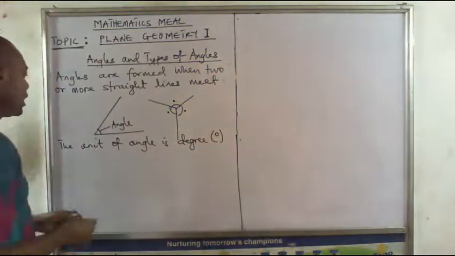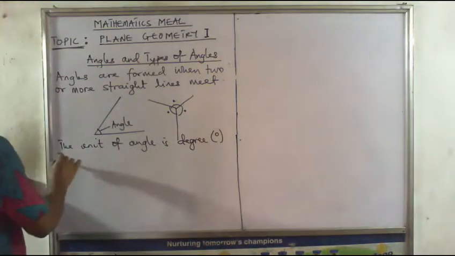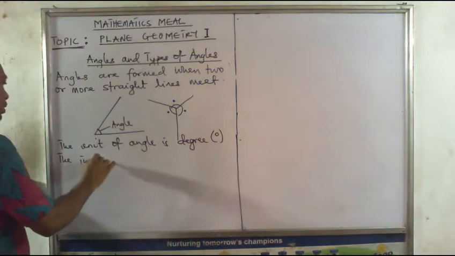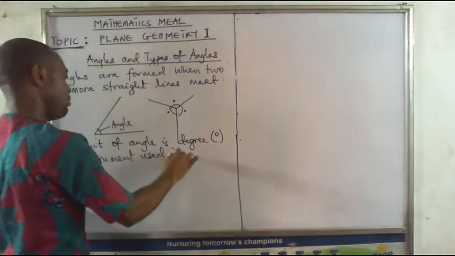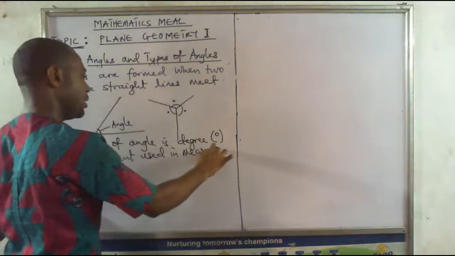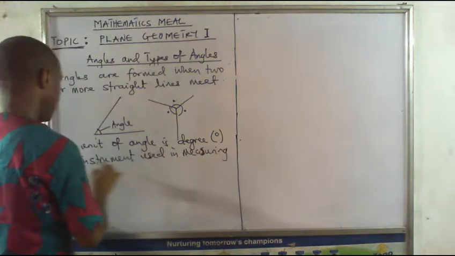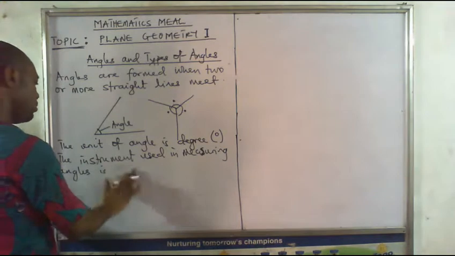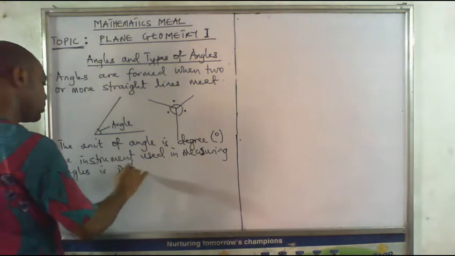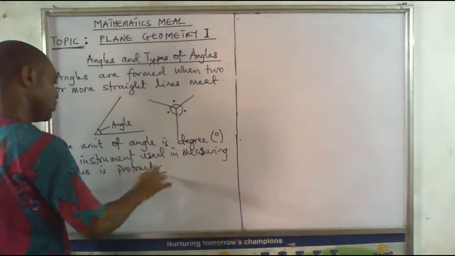Now the instrument used in measuring angles is the protractor.